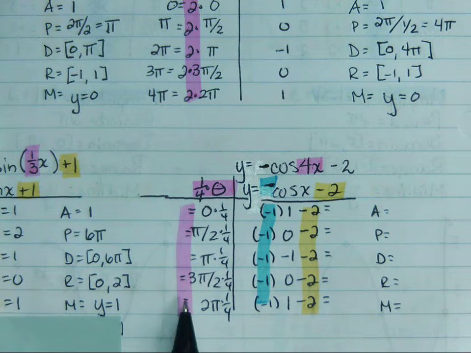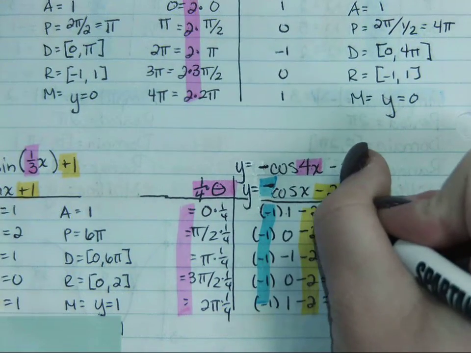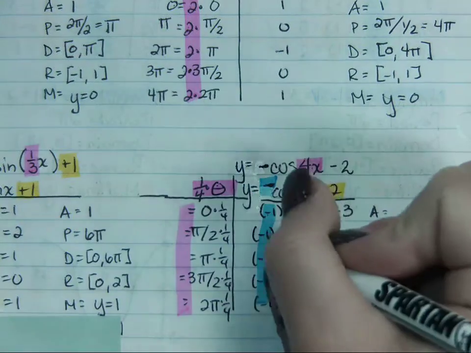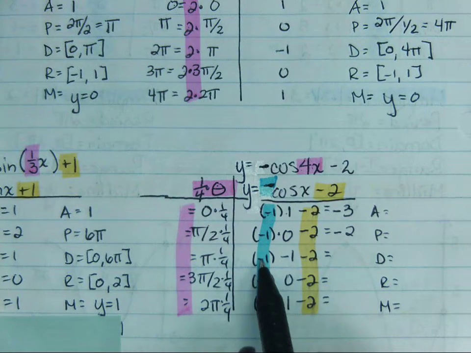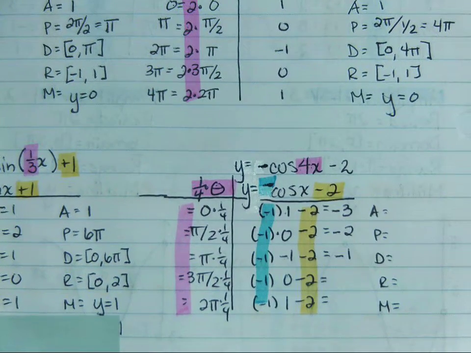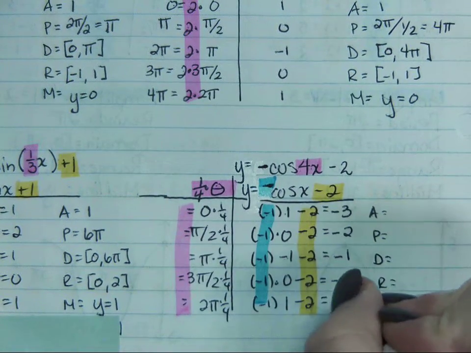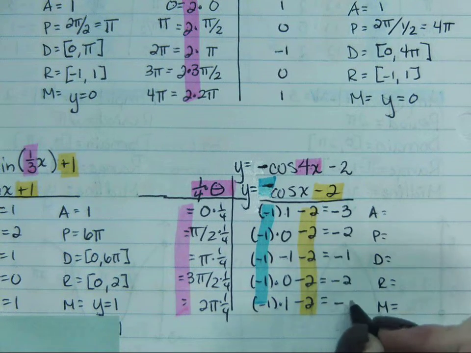You can either determine how the x's will change or how the y's will change. Here I have -1 minus 2, which is a -3. Or I'm going to have 0 minus 2. In this case, it's going to be a +1 minus 2, which is a -1. And again, -1 minus 2 is a -3.